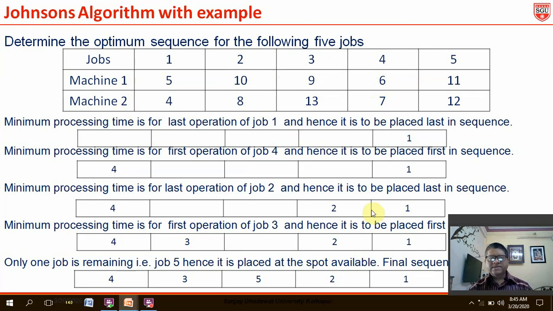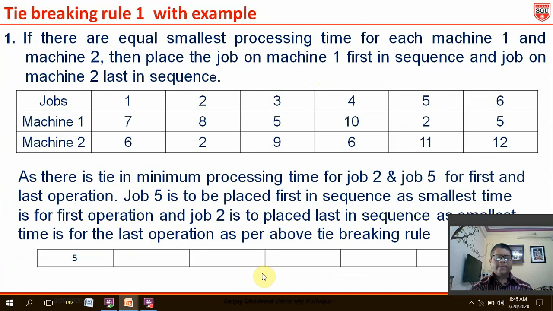So job 2 is sequenced last. Then out of jobs 3 and 5, the smallest processing time is 9 for the first operation of job 3. Hence job 3 is sequenced first, and job 5 has only one slot left, so it is sequenced at that slot.